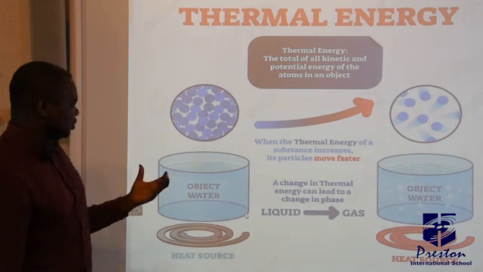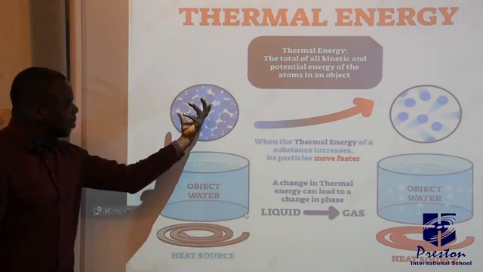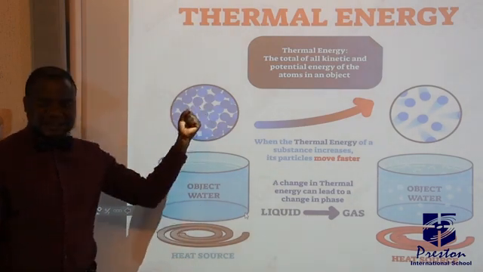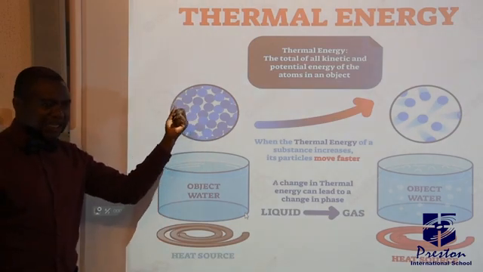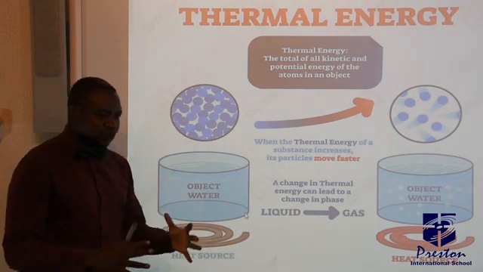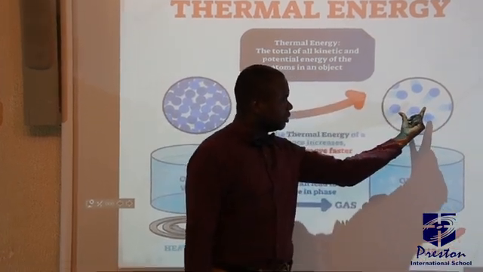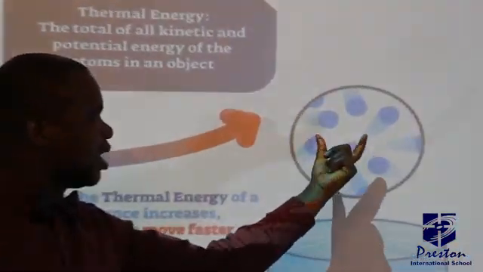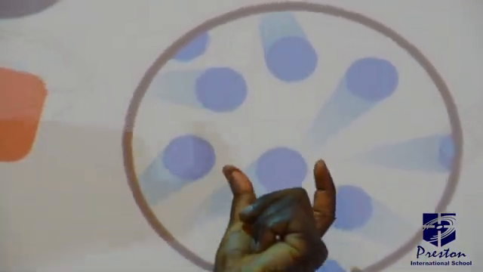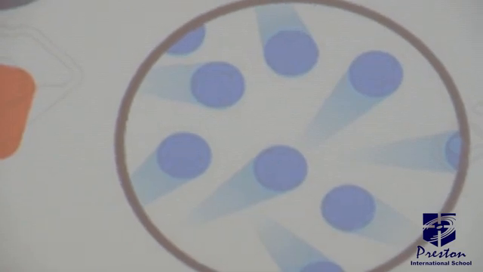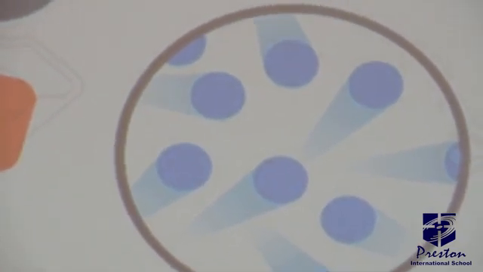In a solid object, the particles are closely packed. When you supply heat, the particles tend to vibrate. They tend to move away from each other. And of course, one of the Brownian laws of motion says that particles of bodies are constantly in motion.